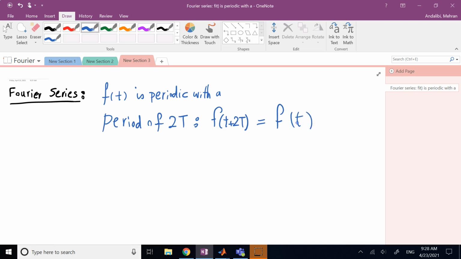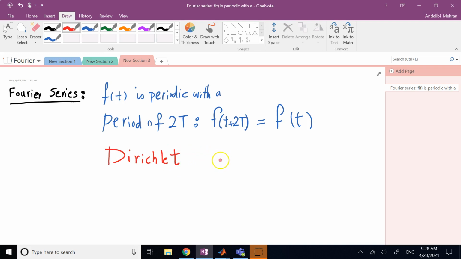If that's the case and some other conditions are valid for function f of t, what are those conditions? I don't want to get into a lot of depth for them, but those guys are called Dirichlet conditions.